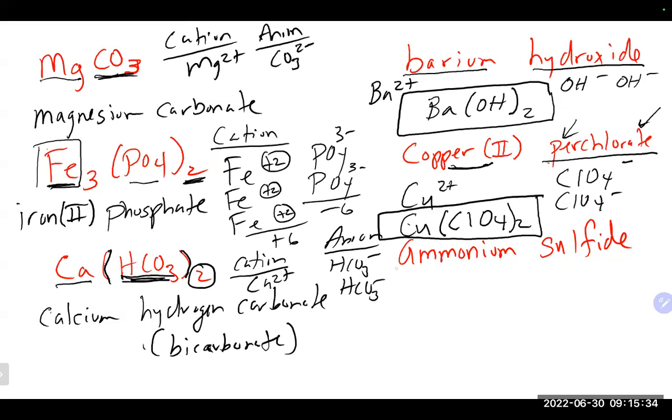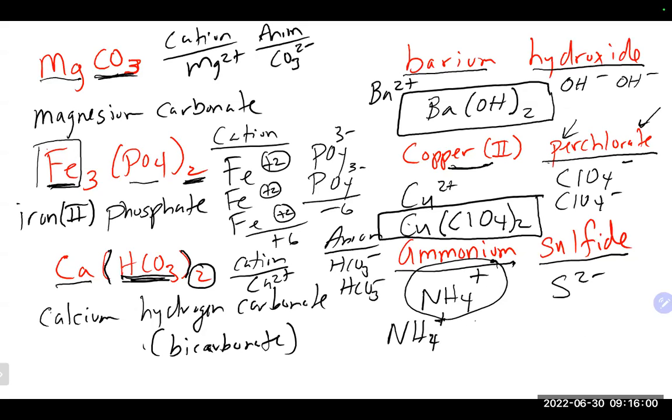In this case, we have ammonium, which is a polyatomic ion, and that is NH4+. We have sulfide, which is not a polyatomic ion. It is sulfur from the periodic table, which is group number 6. In this particular case, we actually need more of the polyatomic ion to balance it out to 0. We need 1 more to do that.